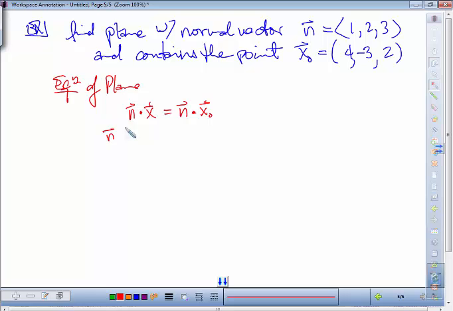So take an extra step here that I'm not going to be doing much later. n is 1, 2, 3. You dot n with x, y, z. And when you're coming up with an equation, a relationship between variables, you need the actual variables, so this is where the variables are. And then on the other side for d, you have 1, 2, 3, that's your n, dotted with your point on the plane.